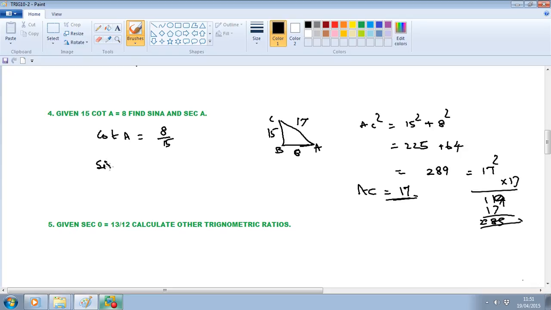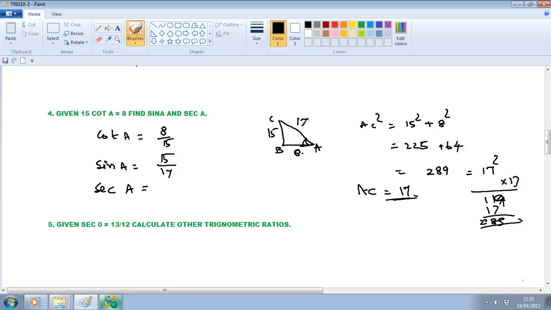So what is sin A? Sine of this angle is opposite side by hypotenuse, 15 by 17. Now secant A. Cos A is 8 by 17.